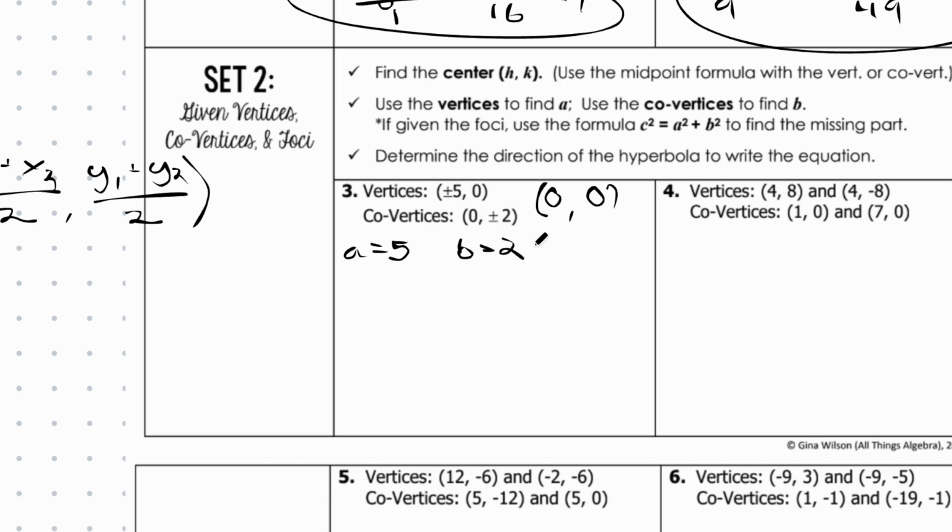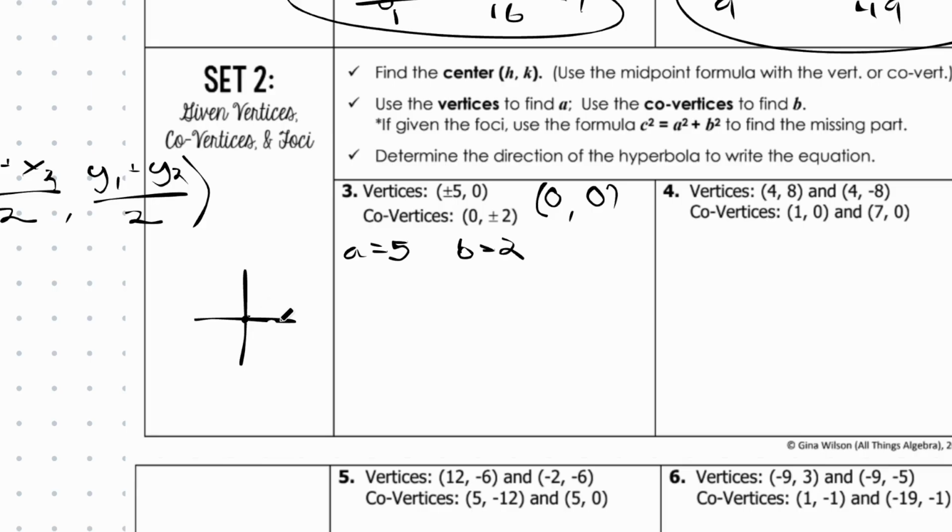And so in other cases where it's not as simple, where the center is not just the origin, you can just subtract, or use the distance formula if needed, but it is going to be either straight up or straight across, and that way you'll find your a and b values. And so since our center is at 0, 0, and our vertices are plus or minus 5 in the x direction, let's just create a graph.